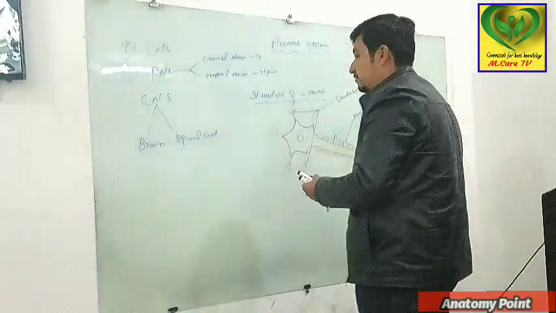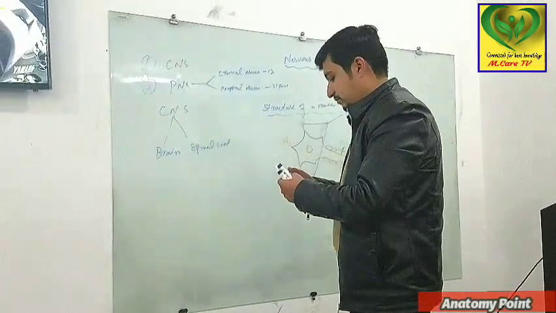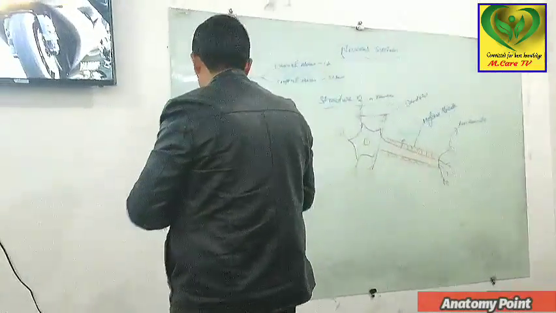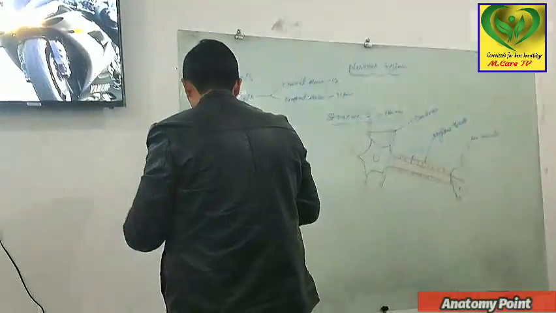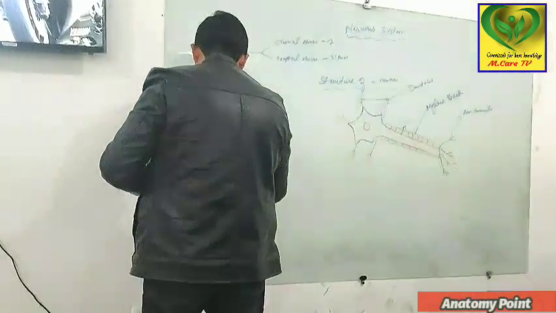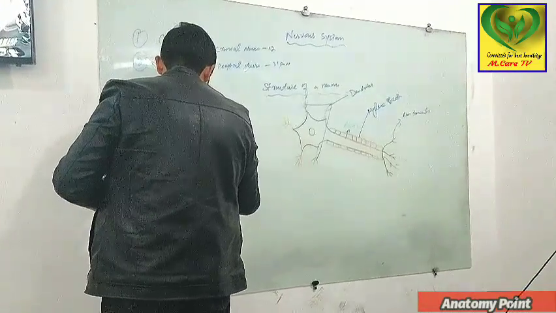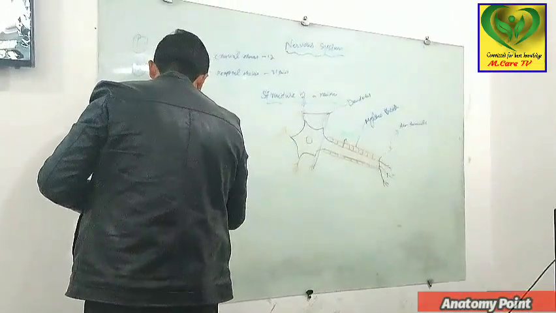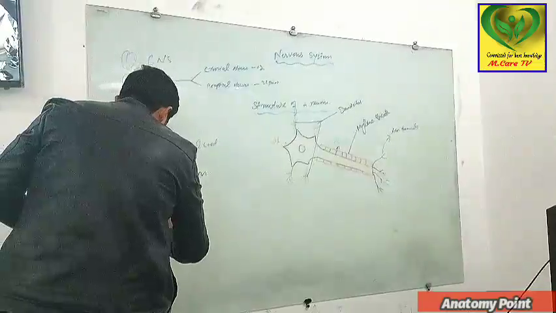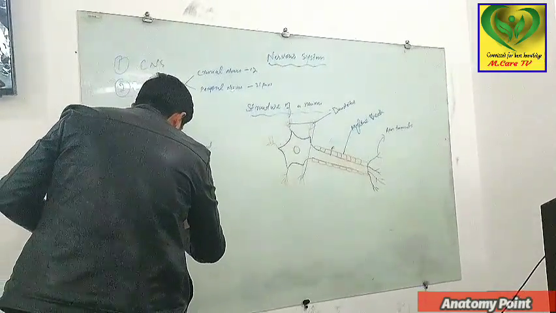So there are different types of neurons. Coming towards the types of neurons. The one is called the sensory neuron.